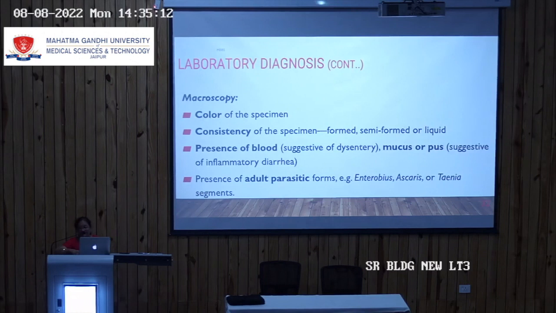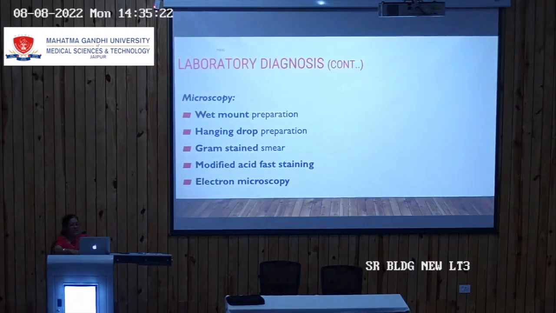Adult parasitic forms may also be seen on macroscopic examination of the stool, like segments of the tinea. After macroscopic examination, microscopy is done where a wet mount of the stool is seen under the microscope. This can identify some ova and cysts of the parasite.